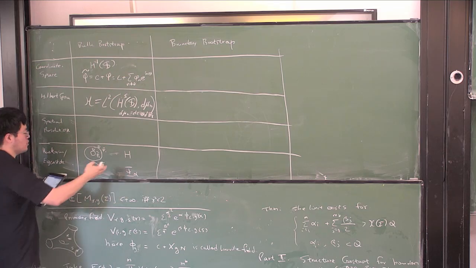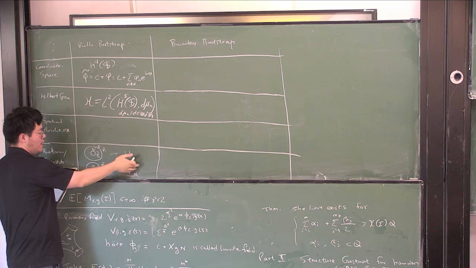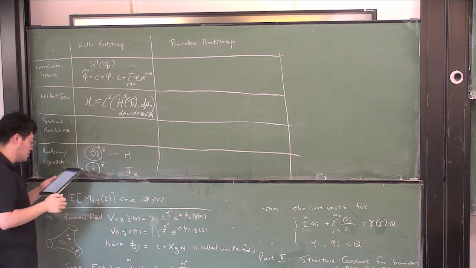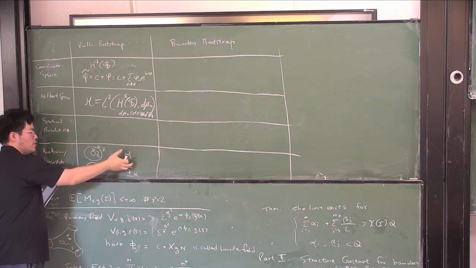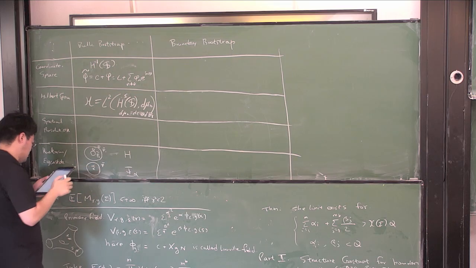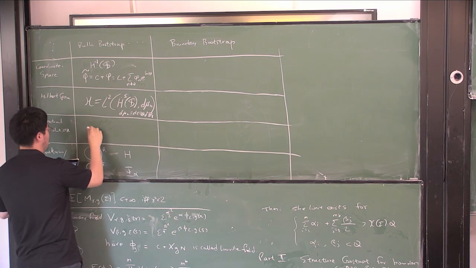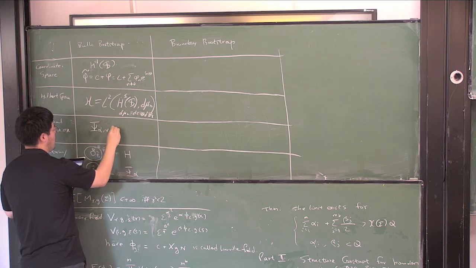And the spectral resolution is how you diagonalize this space by these eigenstates. You need to study some spectral theory on this Hamiltonian, and you will get a family of eigenstates labeled by Young diagrams.